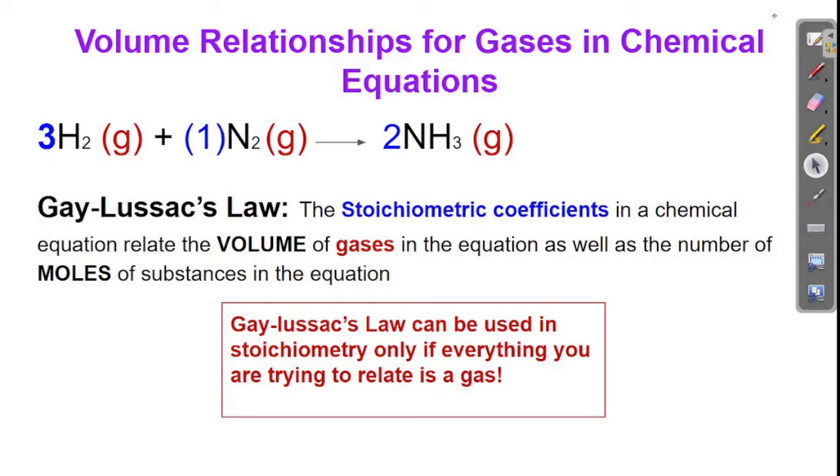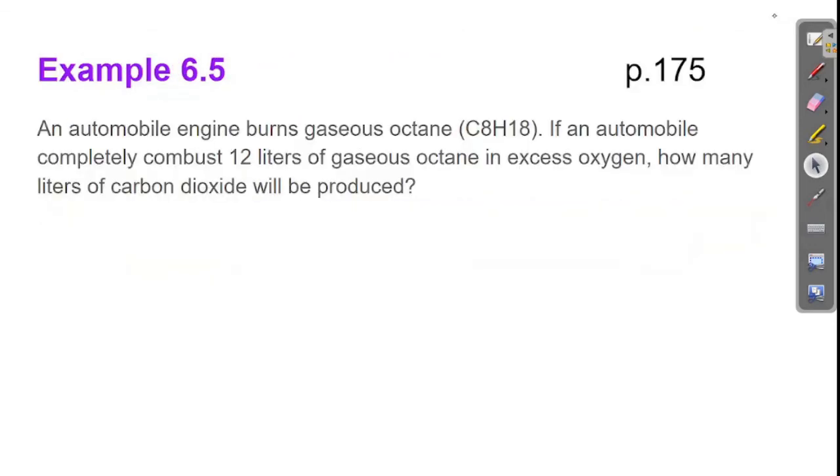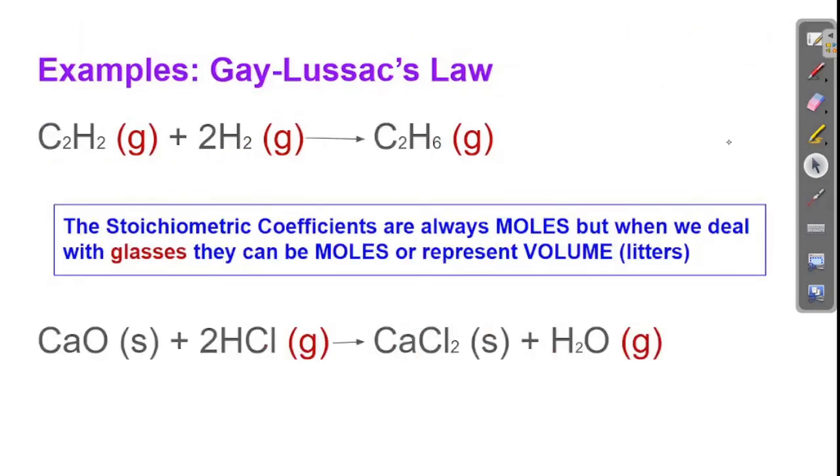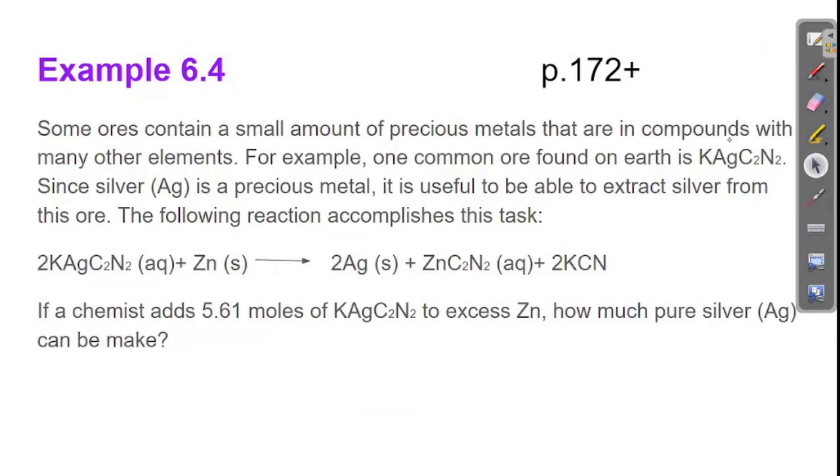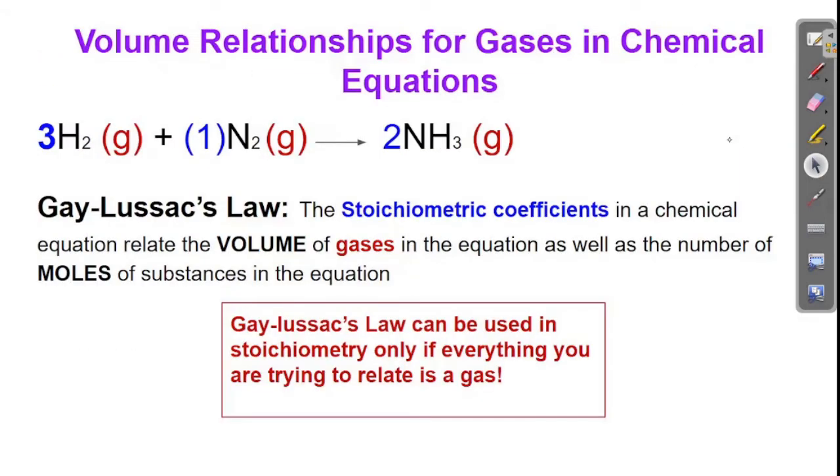And it's true, they're always moles. But if you're working with gases, you see the G here stands for the gas, so the state of that hydrogen, nitrogen, and the ammonia right here is in the gas format.